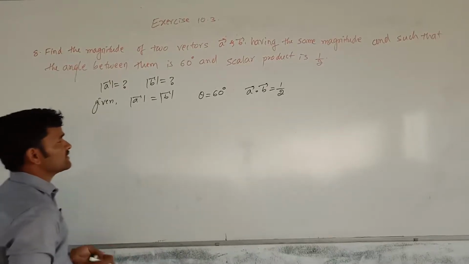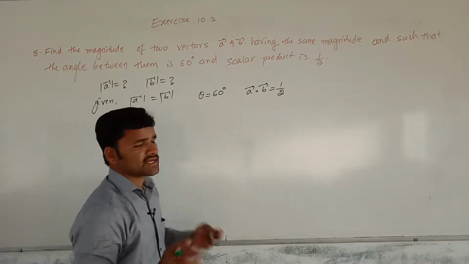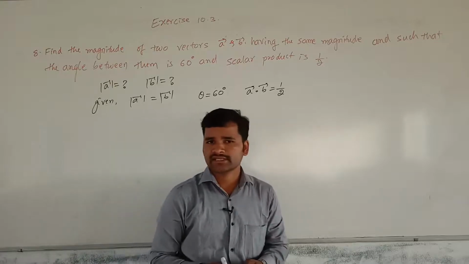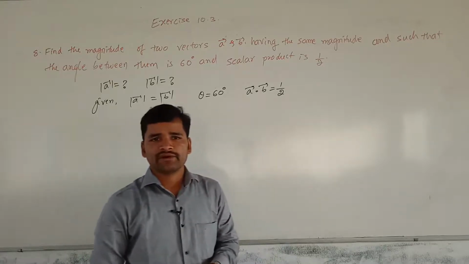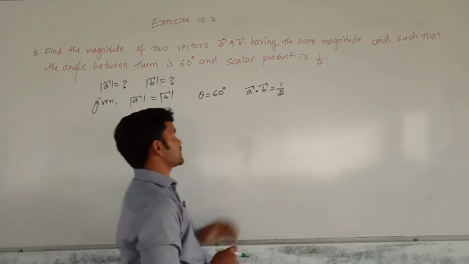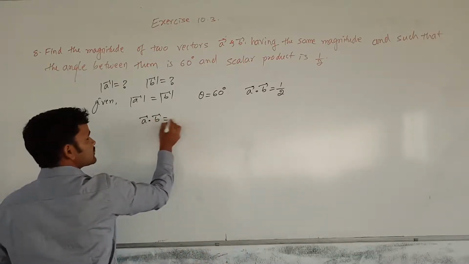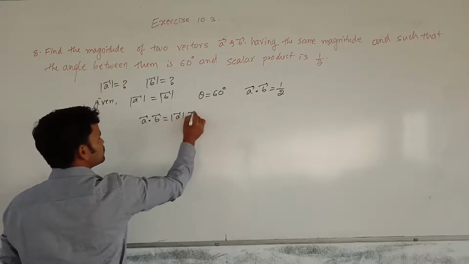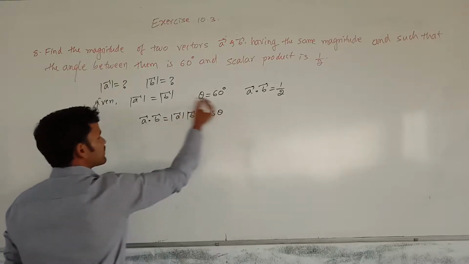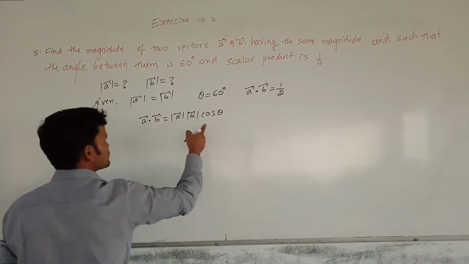Okay. A dot B is there, angle is there, magnitude of A and B they are asking. Which formula to use? The formula which involves all three quantities is A dot B is equal to magnitude of A into magnitude of B into cos theta. Theta we will substitute.